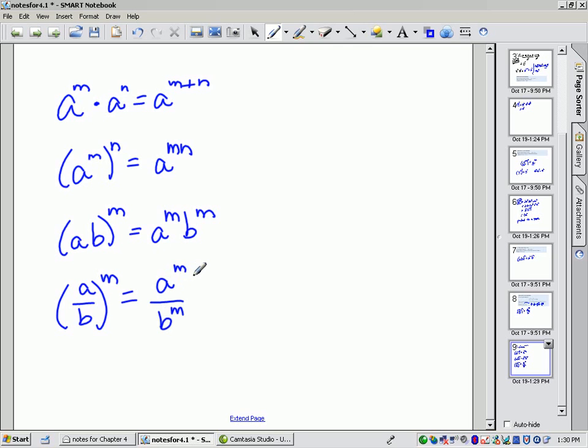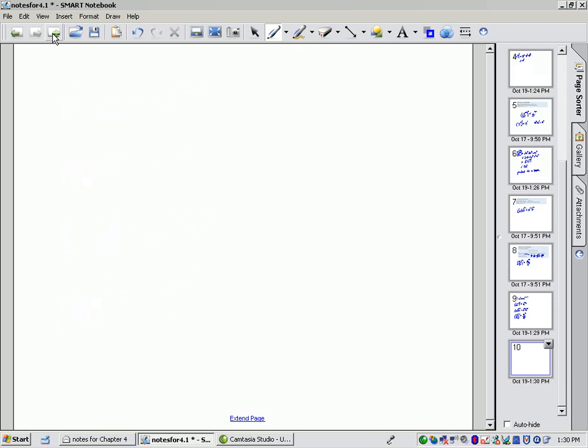So let's talk about how we can use a combination of these rules to simplify algebraic expressions that involve exponents. So I'm going to choose problems from your exercise set in the textbook just to review these. Like number 34 on page 249 in your textbook says 10a to the 7th times negative 4a to the 3rd.